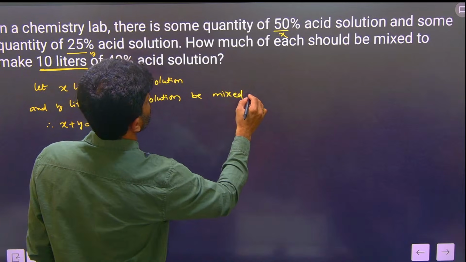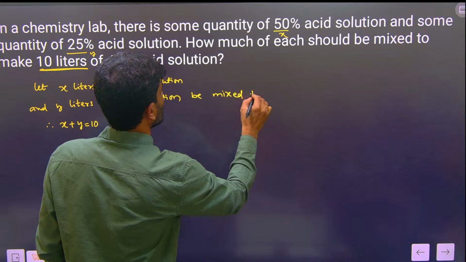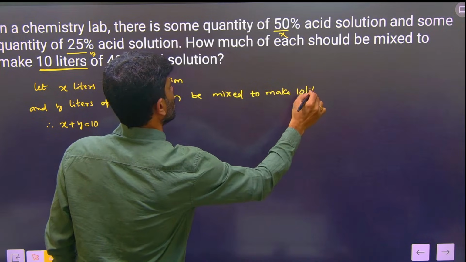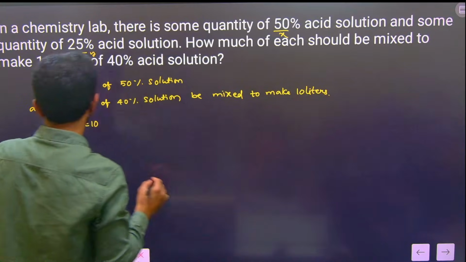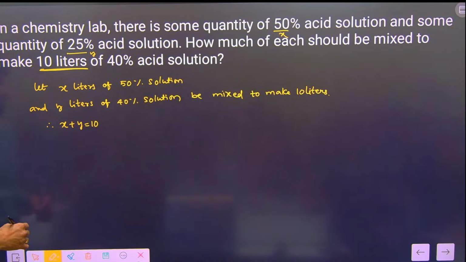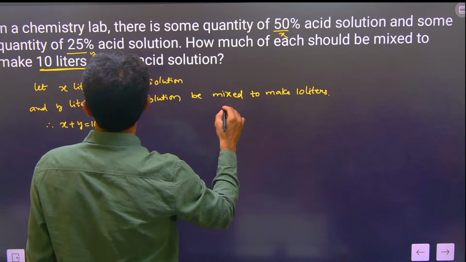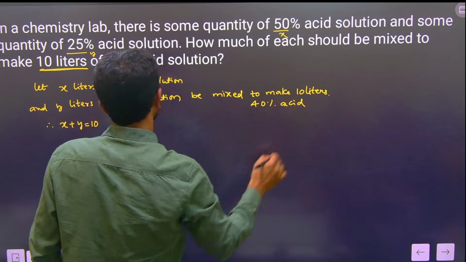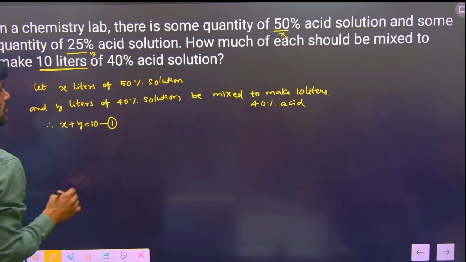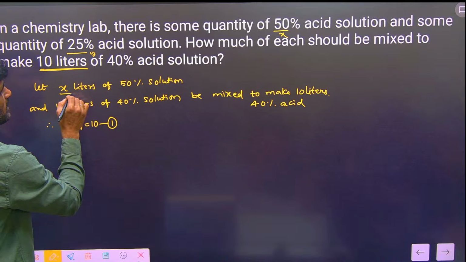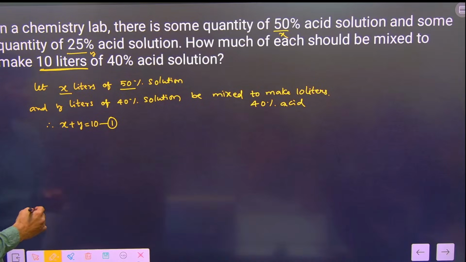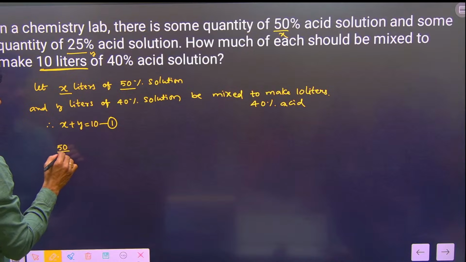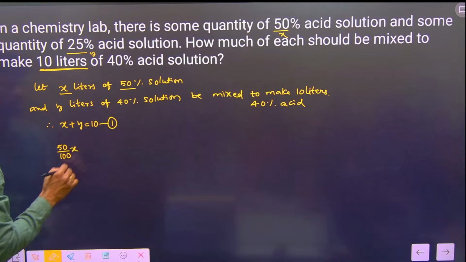Next, to make 10 liters of 40%. This is the first equation. Now because it is x liters of 50%, the concentration of that will be 50 by 100 into x.